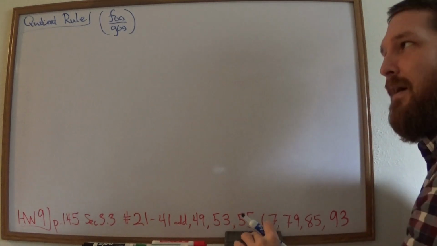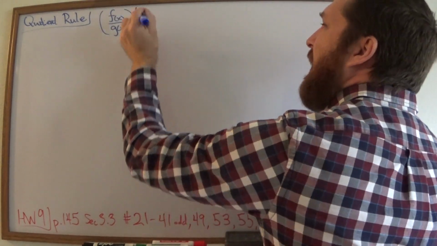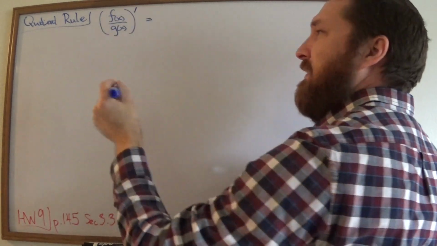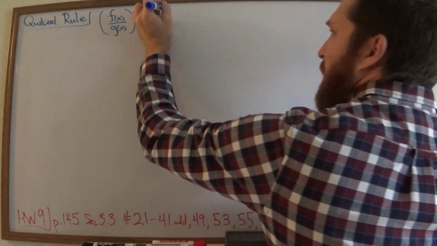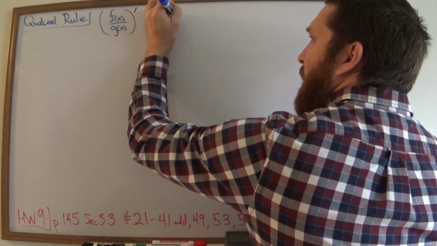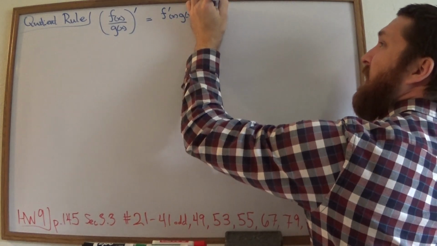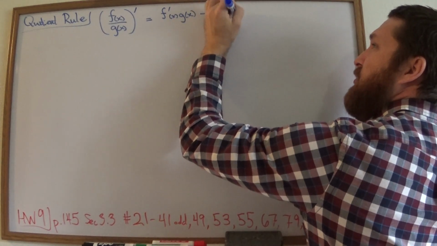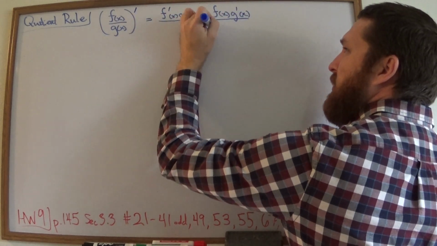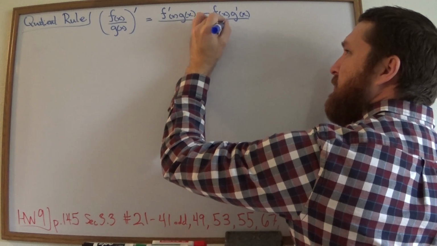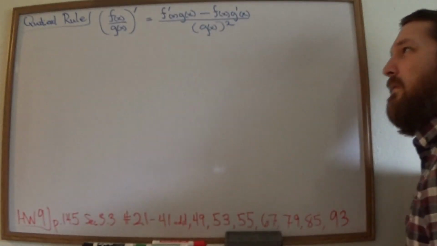But this one's not going to be symmetric. It will depend. And this is such a pain. So it's very much like the product rule on the top: F prime G minus F G prime, all over G, whatever G is, squared.